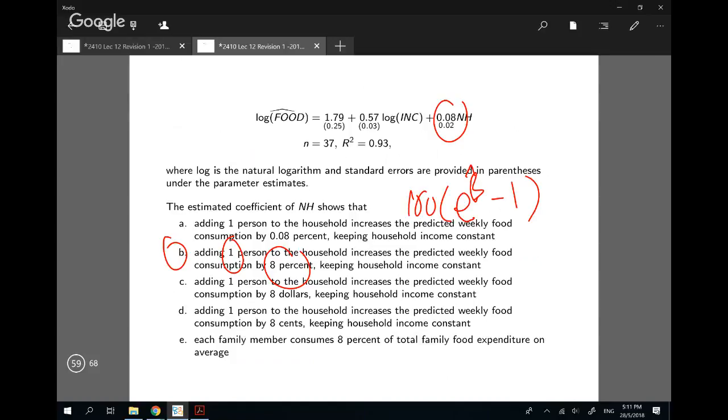If it's 0.05, it's not significant. Significant only if it's less than 0.05. If it's exactly 0.05, it's not significant. That's quite clear because it's a probability. It has to be less than that, just in case that comes out.